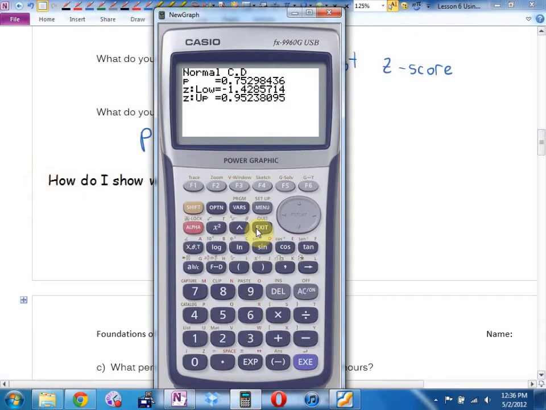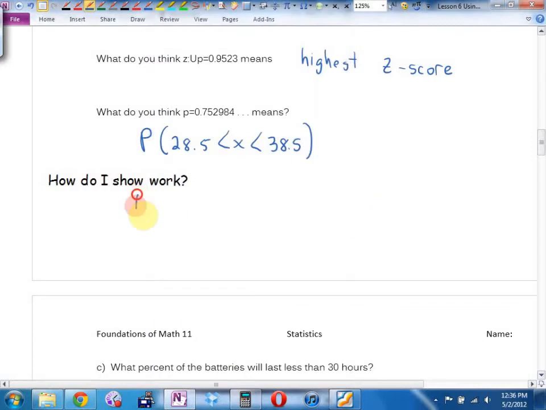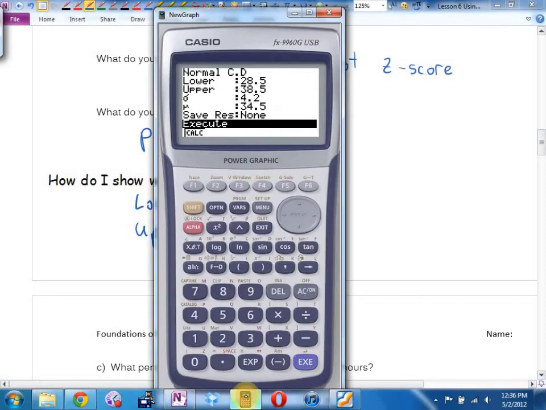If you press exit to go to this screen, you need to tell me what you wrote in the lower, the upper, the sigma, and the mean. In other words, what I would need to see is this. Lower equals 28.5. Upper equals 38.5.